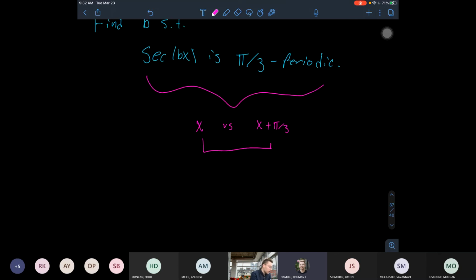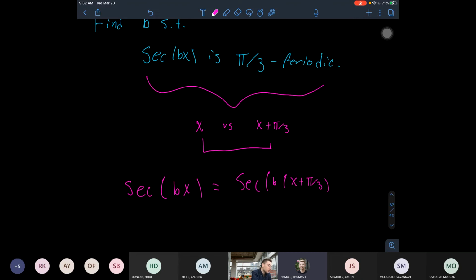So let's try it. I want the following relationship to be true: I want secant of b times x to be equal to what I get if I instead plugged in not x, but x plus pi over 3.